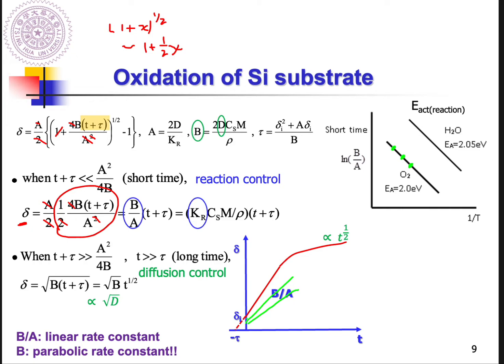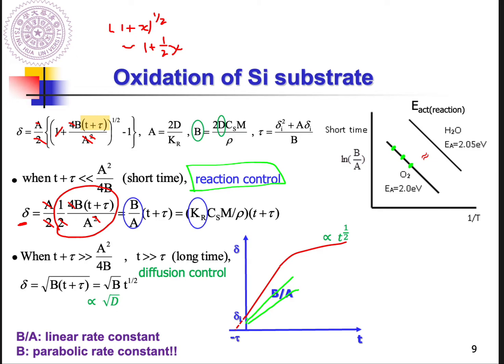So for short reaction time, which we call reaction control, in this case, we find that no matter whether it's the wet method or dry method, they have a similar activation energy, right?